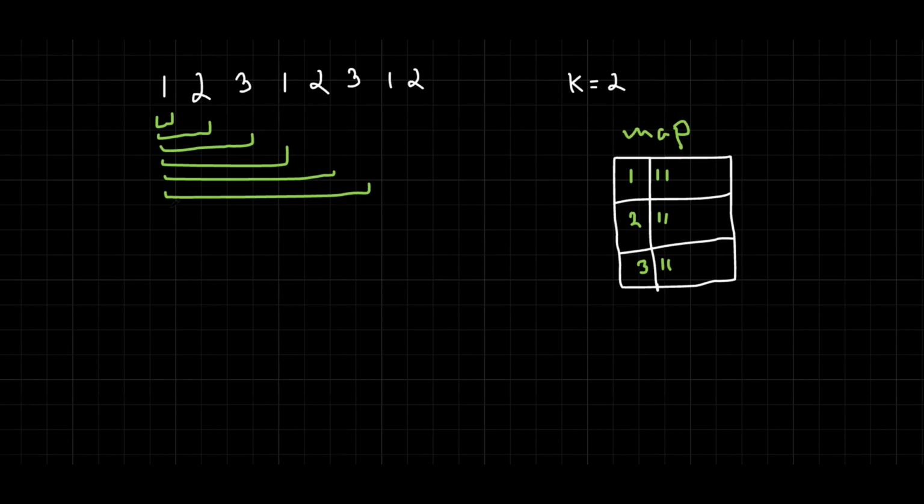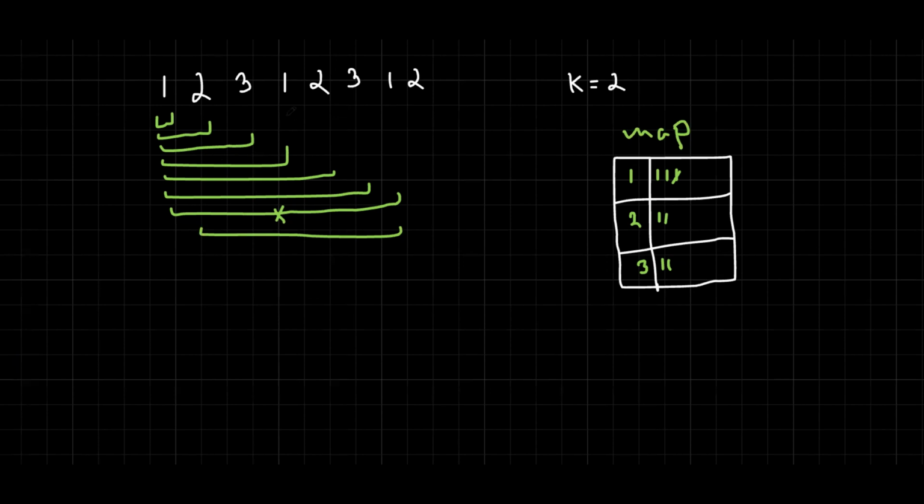Now, for this window, the frequency of 1 is becoming 3. But wait, the frequency of any element in the window must be less than or equal to k. So we cannot consider this element 1 anymore. That's why we cannot consider this window, and we have to shift or shrink the window.